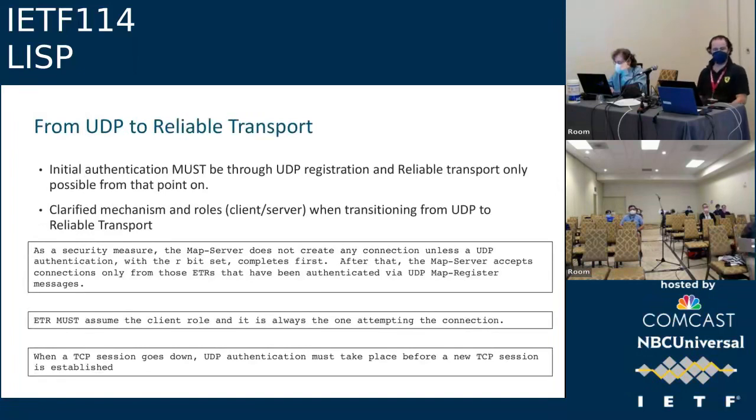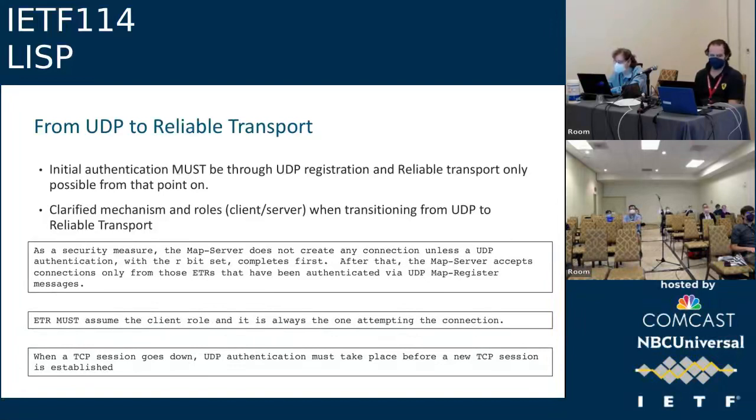So from UDP to reliable transport, the idea that the draft defines is that you must always first register with LISP over UDP. Once a successful UDP registration has happened, that's the only time you can switch to reliable transport. What we've done in the draft is clarify how this works. As a security measure, the map server should never accept any reliable transport session.